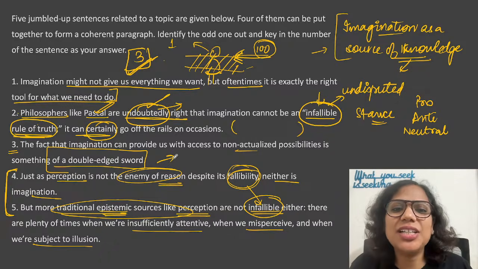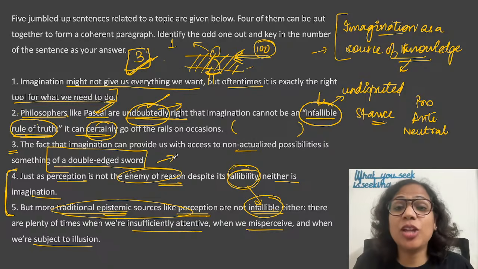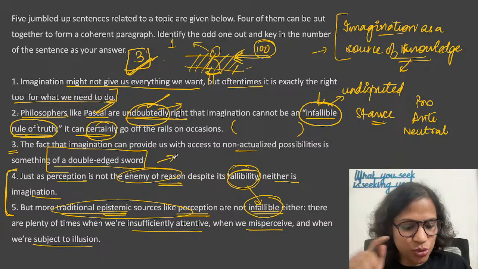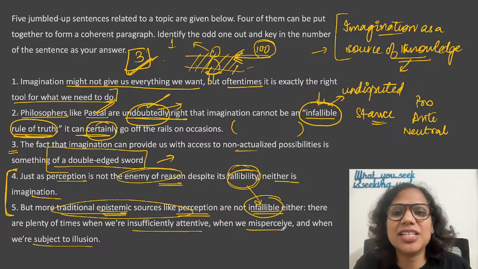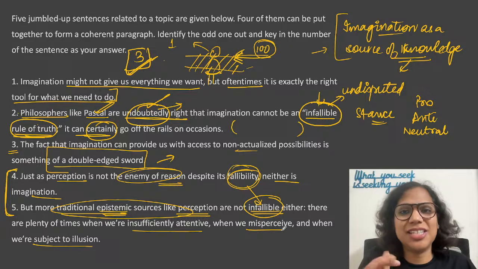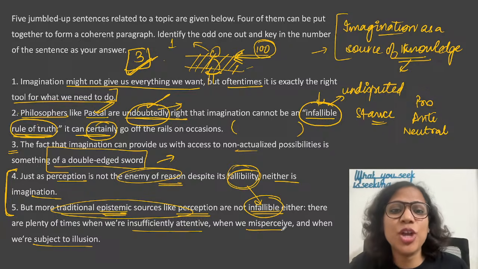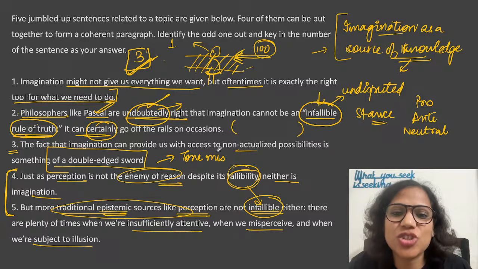When I call something a double edged sword, तो मेरा of course उस पर बहुत positive opinion नहीं है. मैं कह रही हूँ ध्यान से, it's a double edged sword, right? So the opinion here becomes cautious, whereas in the rest of the sentences it's like ठीक है but अच्छी है, ठीक है गलतियाँ हैं but अच्छी है. So this therefore is a tone mismatch as well as of course a stance mismatch.